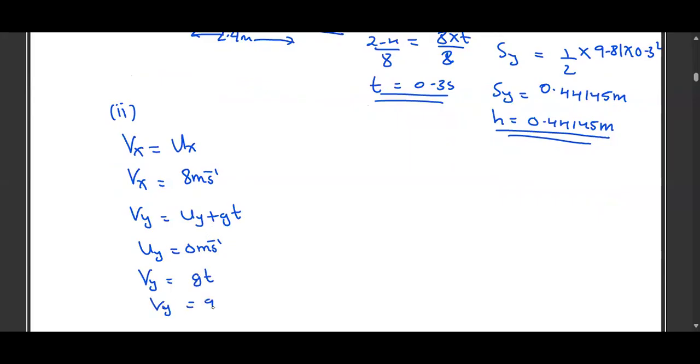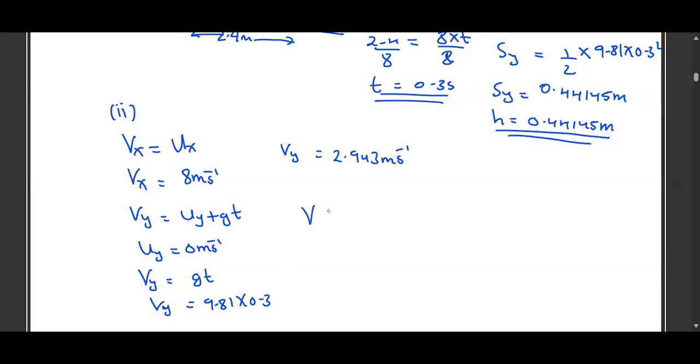G is given as 9.81 from our cover page, time is 0.3. If you use a calculator to find Vy, we are coming up with Vy as 2.943 meters per second. That will be the Y component.